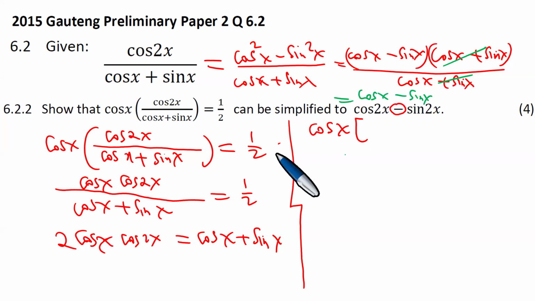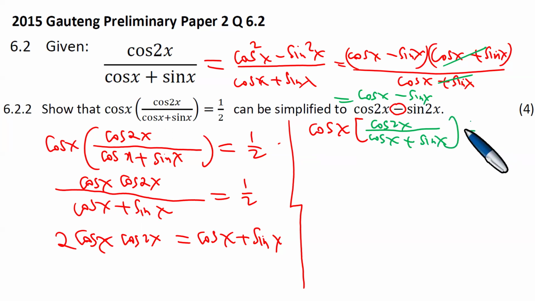It tells us that if ever you have cosine 2x divided by cosine x plus sine x, this will be 1/2. So what is cosine 2x over this? Once again, cosine 2x over cosine x plus sine x is the same as what?